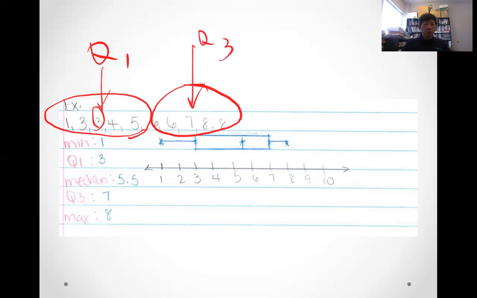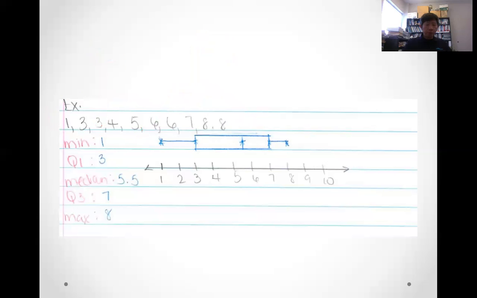Okay. So we have Q1, Q2, Q3, right? Now Q1 is 3. Q2 is 5.5. Q3 is 7. And then we can make a box like this, all right?